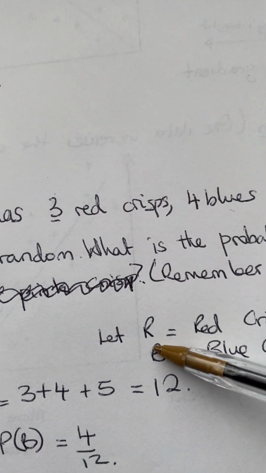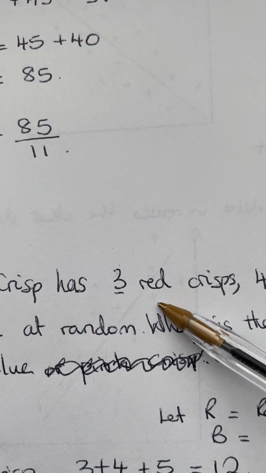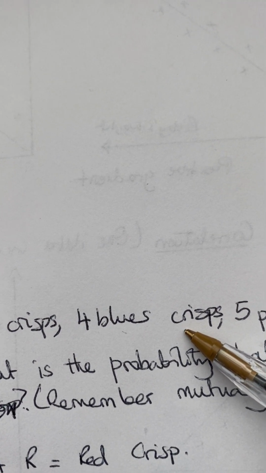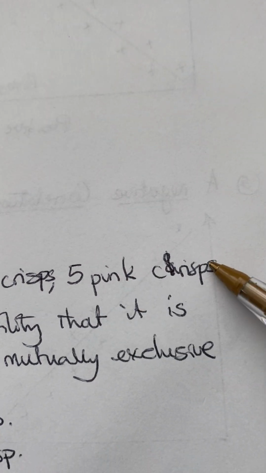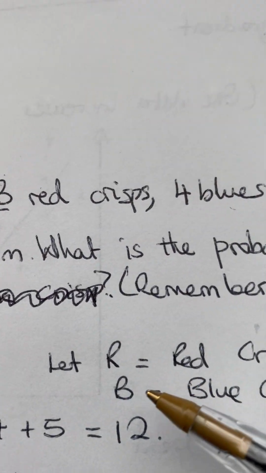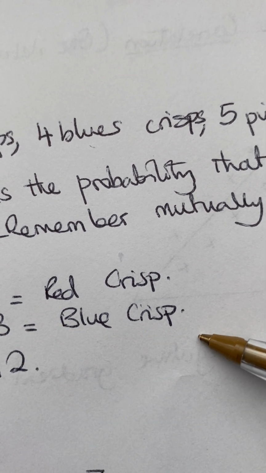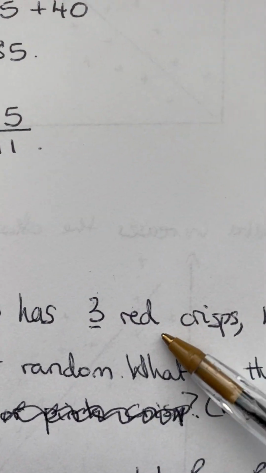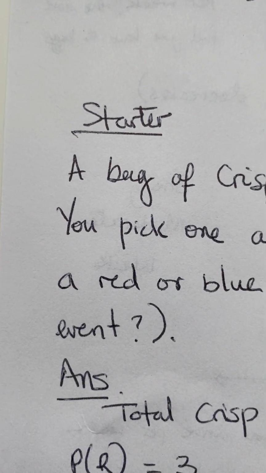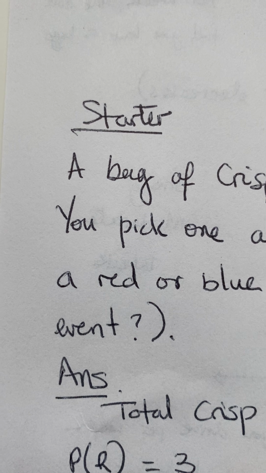Now the total in the bag is 12 crepes, because you have 3 red, 4 blue, 5 pink. If R equals red crepes and B equals blue crepes, then the probability of picking a red crepe is 3 out of 12, because you have 12 in the bag.